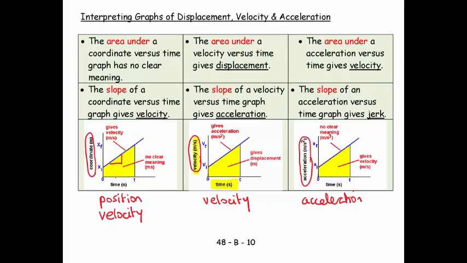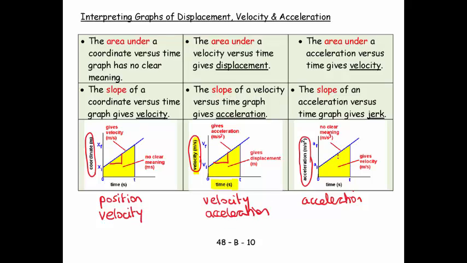So the slope of a position versus time graph gives you velocity. In this case, it would be velocity and seconds. Meters per second divided by seconds is meters per second squared. So this would be acceleration.